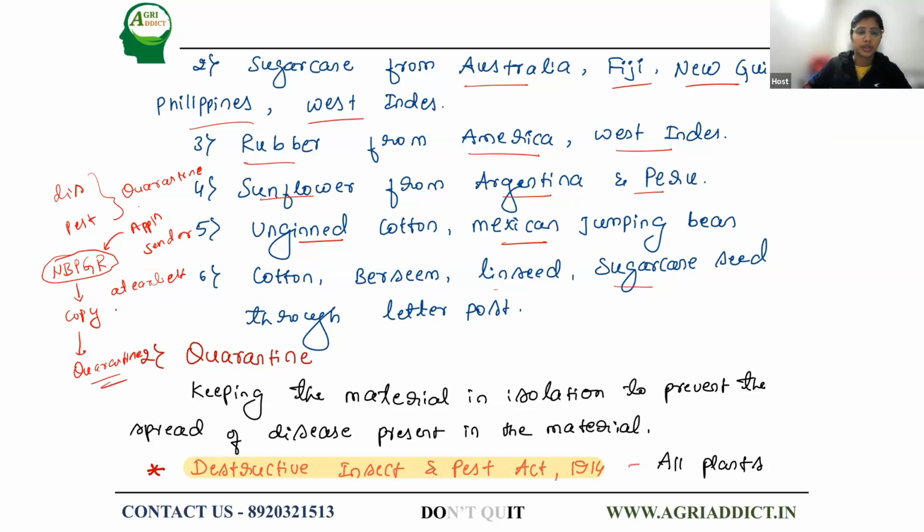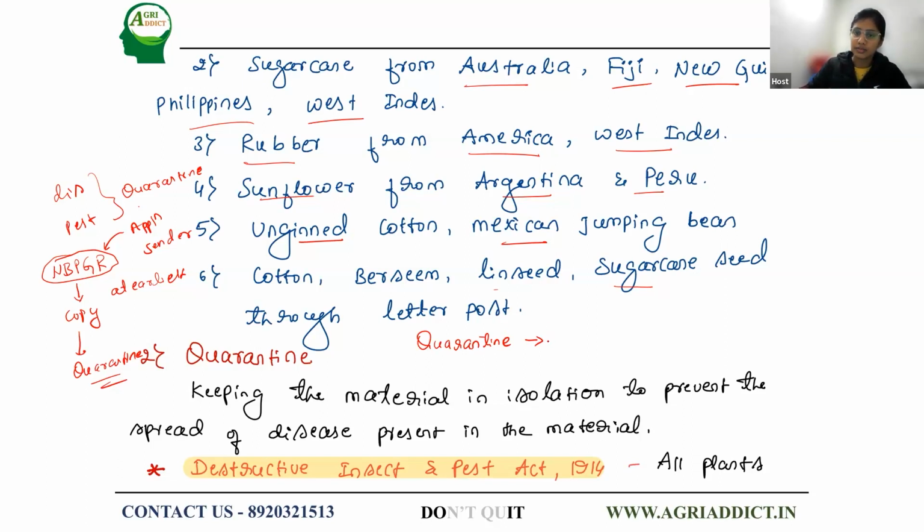So quarantine, what do you mean by quarantine? I have displayed it, but I want answers from you. Ma'am, we're preserving that material. Sorry, I didn't hear you. Come again. Ma'am, we're preserving that material or plant. Preserving? No, it is not preserving.